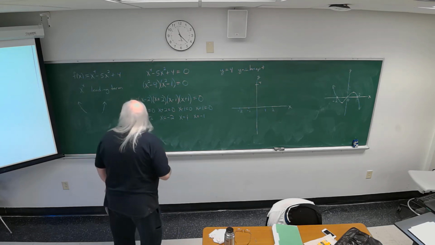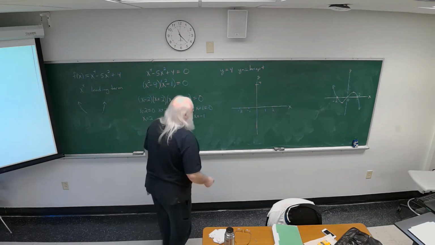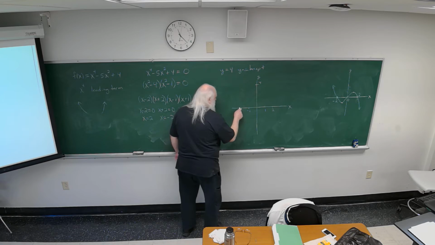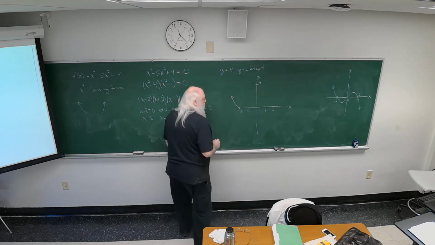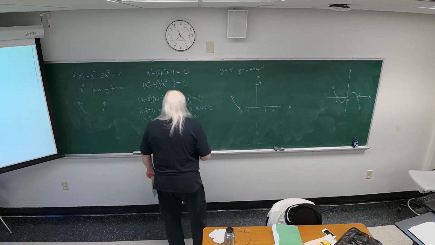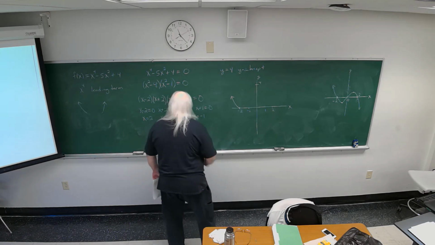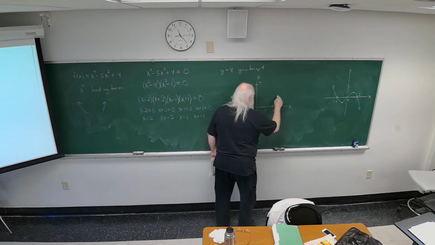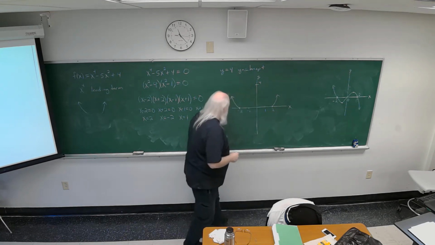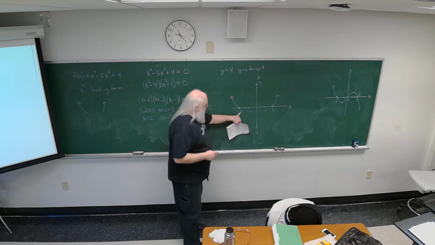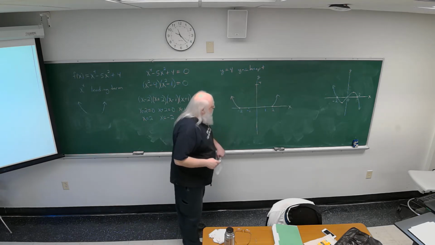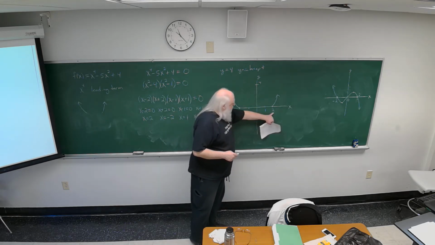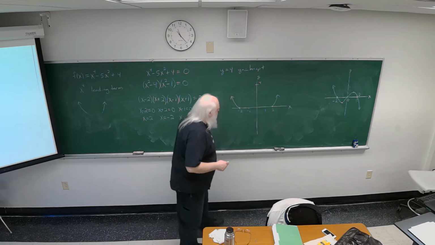So we know that the graph goes up on the left end. So from the far left x-intercept, x equals minus 2, the graph goes up. And on the right end, from the far right x-intercept, x equals 2, the graph goes up. Okay.